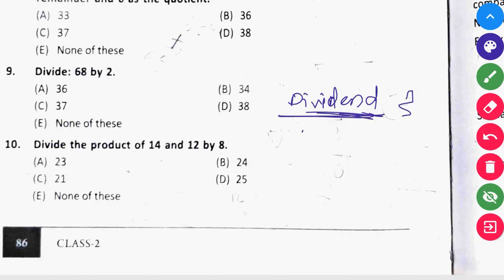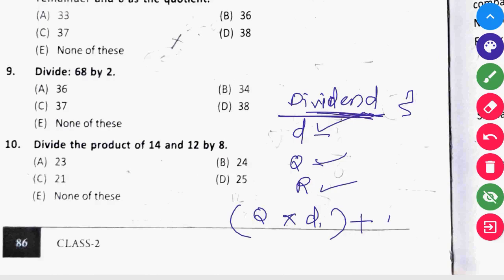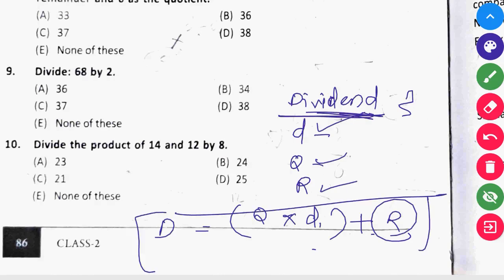First you multiply quotient and divisor, then you add the remainder to it. So you will get the dividend. This is the formula to calculate the dividend.